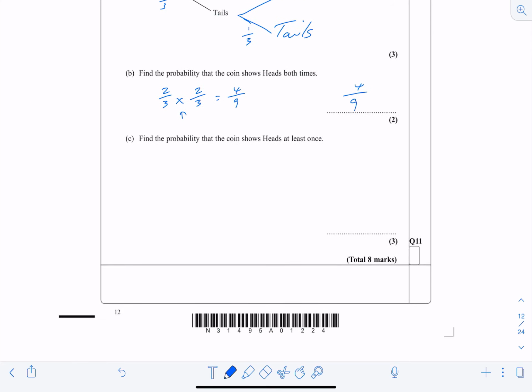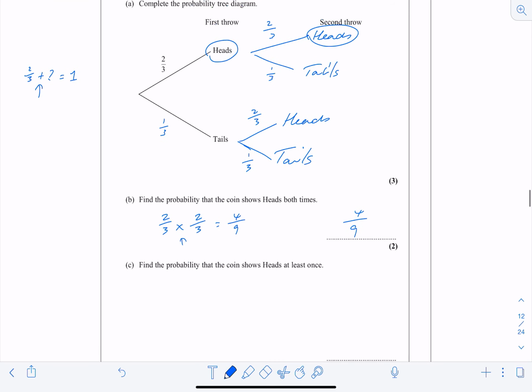Find the probability that the coin shows heads at least once. This route is okay. This route is also okay because he's shown heads once and then a tails, and this route here is okay. This route is not okay because there's no heads.